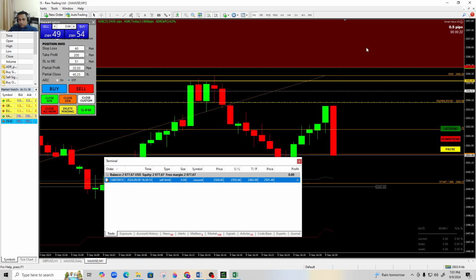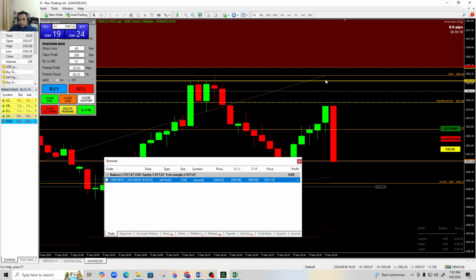and I get a setup there in the red box, and this turns out to be a losing trade. And if that's the case, I will give my trade a second chance. That is why I have reduced my risk to $15. I'm willing to lose only $15 on this trade and nothing more.